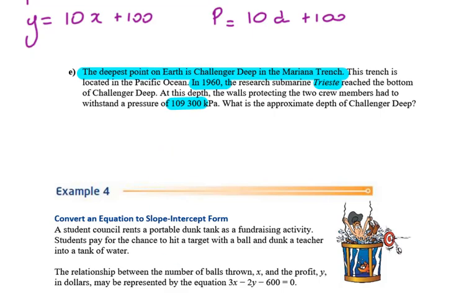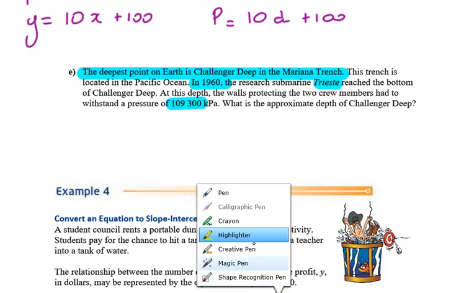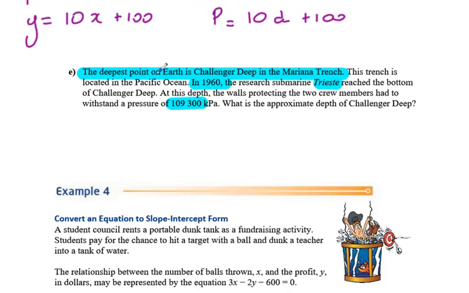Well, what we're going to do here is solve a little equation, aren't we? We substitute in 109,300, so that's our value of P, equal to 10 times d plus 100. Now what are we going to do?